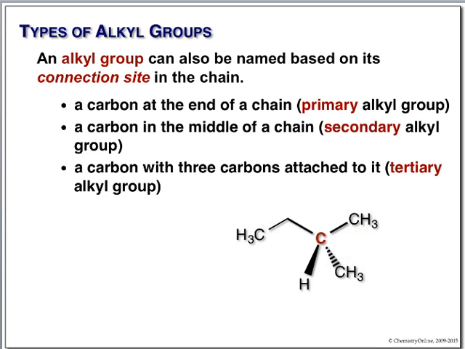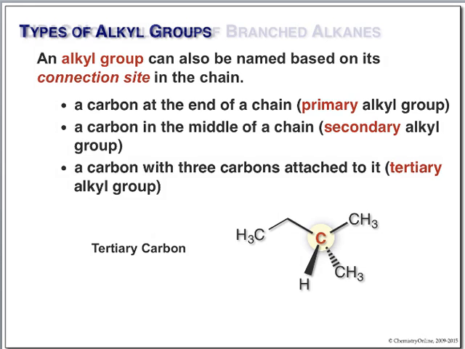Well, we know a secondary carbon is attached to two other carbons. The only one that meets the criteria here is this guy right there on our chain, attached to two other carbons. And finally, this guy here is a tertiary carbon. It's attached to one, two, three other carbons. Fairly simple. This is a type of nomenclature that we will use a lot when we're talking about things like carbocations, radicals, whatever. Any questions?